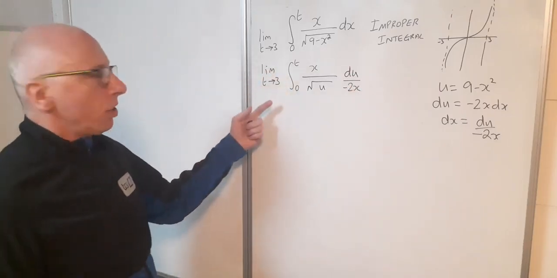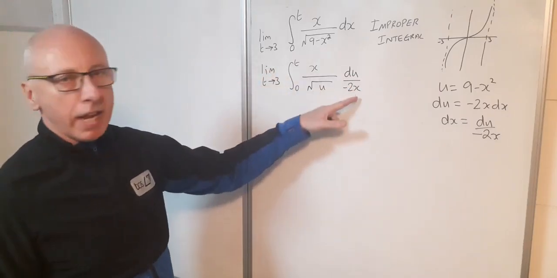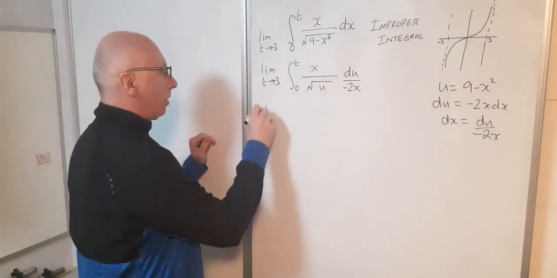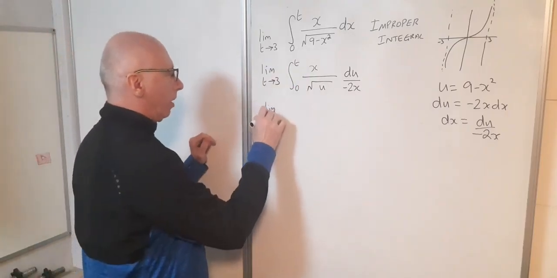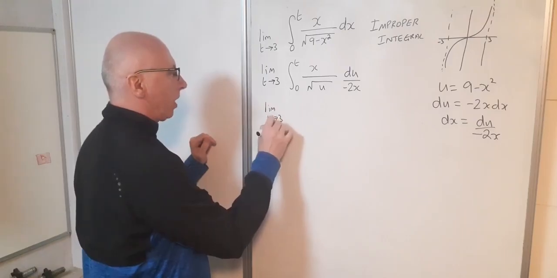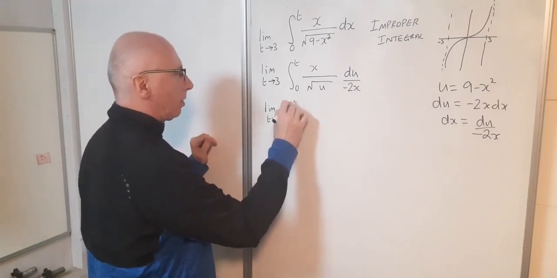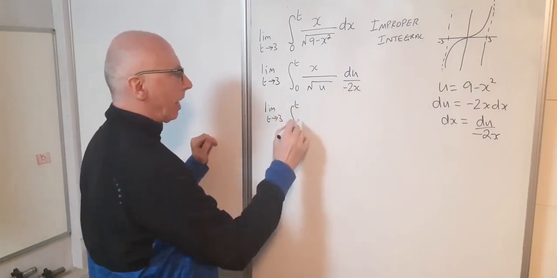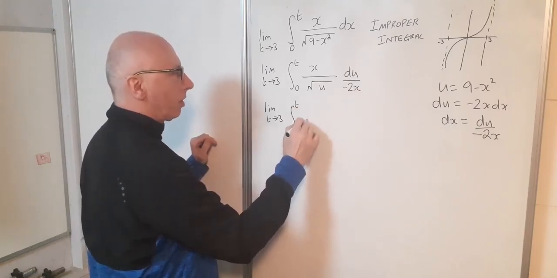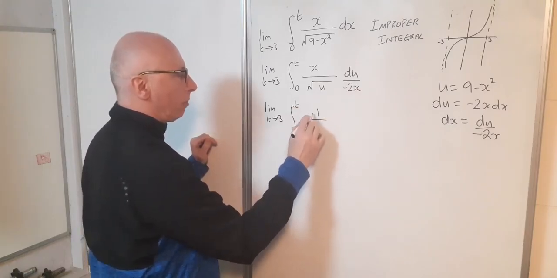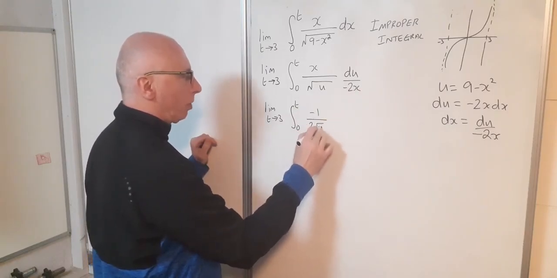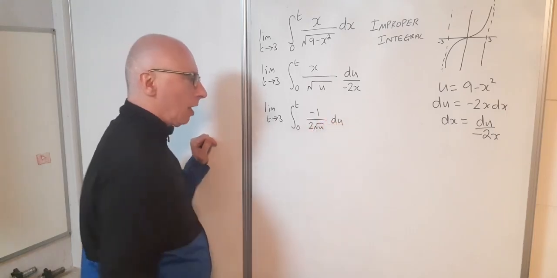So then let's just simplify this off a little more and get our x's cancelled out. So then we've got the limit as t approaches 3, 0 to t, x's cancel out, so then we've got minus 1 over 2 root u du.